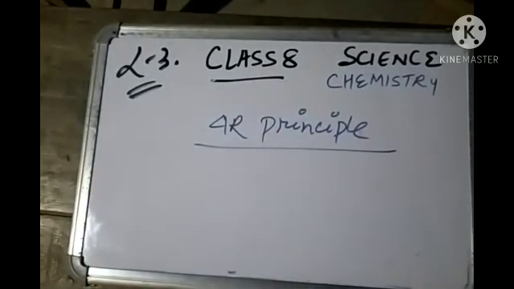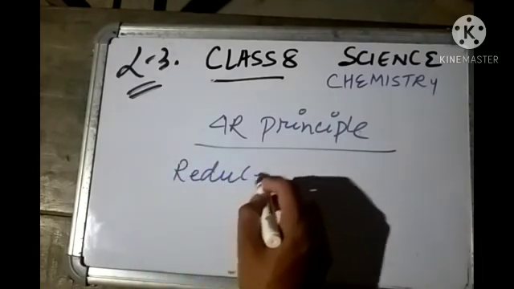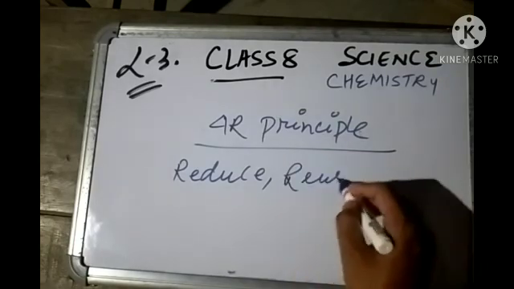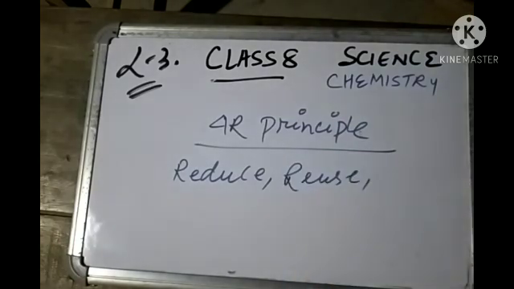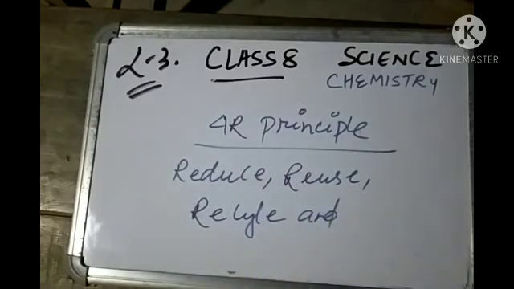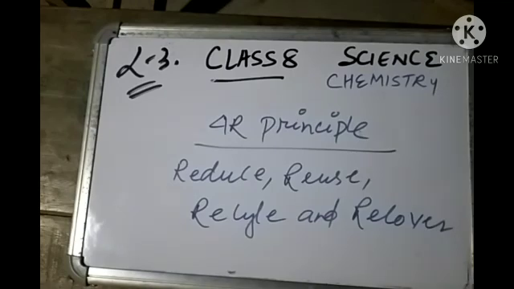The 4 principles are reduce, reuse, recycle and recover. So in case of disposal of plastic, we are going to follow the 4R principle. 4R means reduce, reuse, recycle and recover.